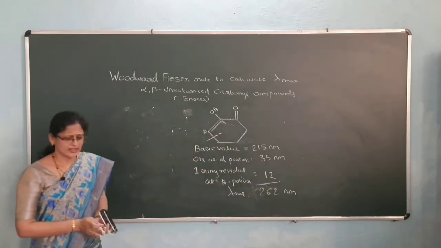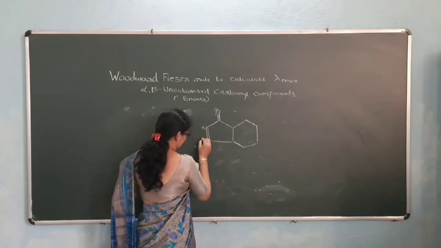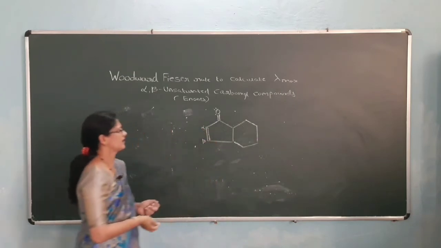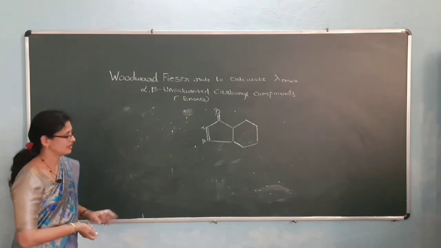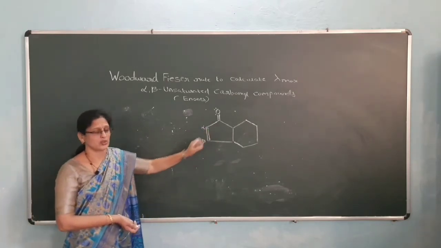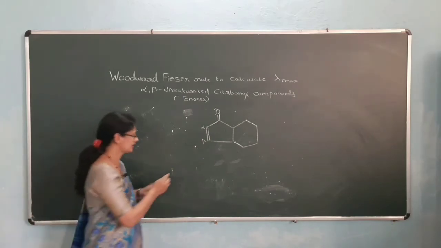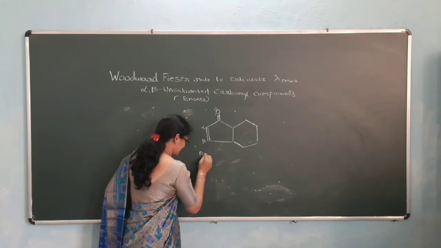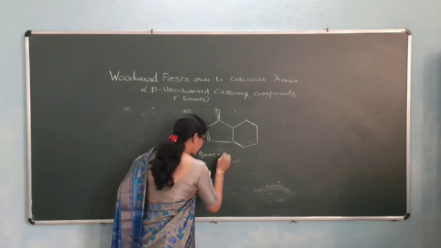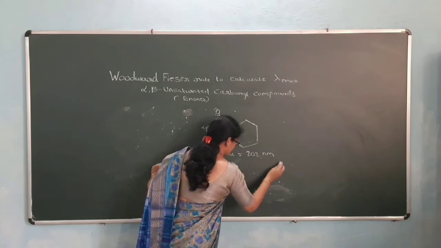Okay, you can take more structures. Here you can see this is a 5-membered ring. This is a 5-membered cyclic ketone, alpha beta unsaturated ketone. What is the basic value here? Basic value is 202 nanometer.